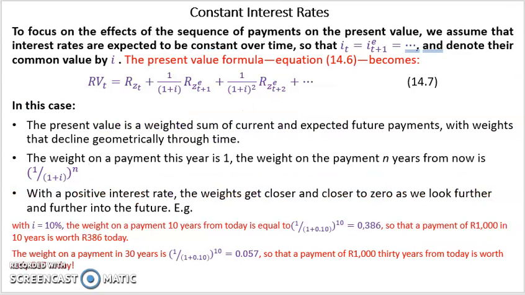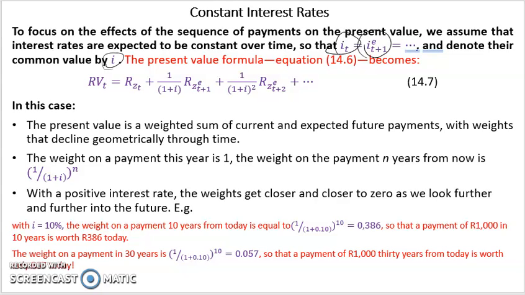To focus on the effects of the sequence of payment on the present value, let's assume that interest rates are expected to be constant over time, such that the interest rate now is equal to the future expected interest rate. We denote the common value of the interest rate by just i, which represents both the current interest rate as well as the future interest rate.